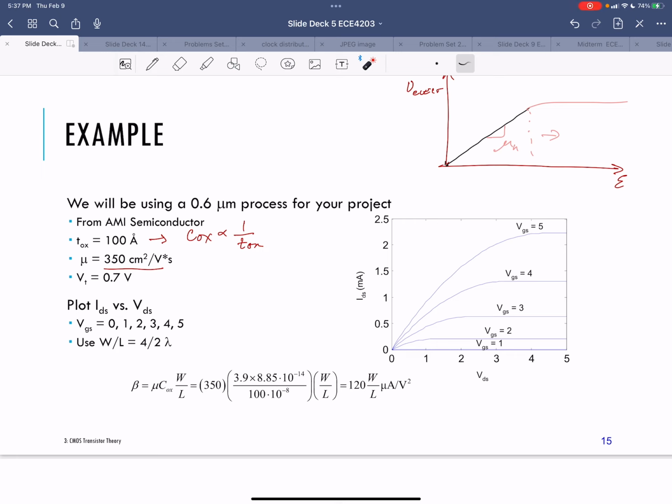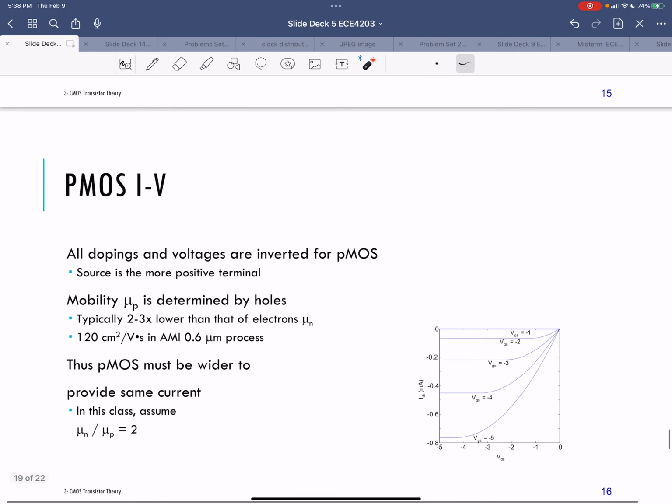So that's a useful model. And I know roughly the point where I'm going to go between the linear operation and the saturation operation is VGS minus VT. These are very rough ideas, mental models that I have.